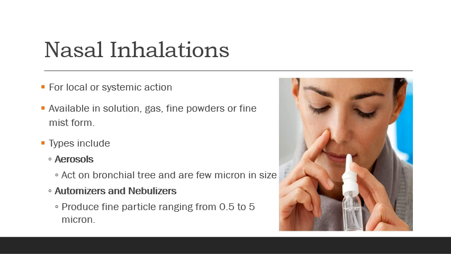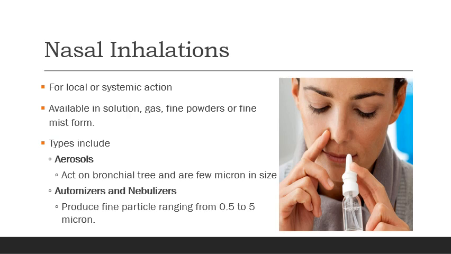Aerosols act on the bronchial tree, and they are of a few microns in size. So when we are giving an aerosol through the nose, the micronized drug will go through the respiratory tract into the lungs and produce the effect in the lungs, and it may even be absorbed into the systemic circulation.